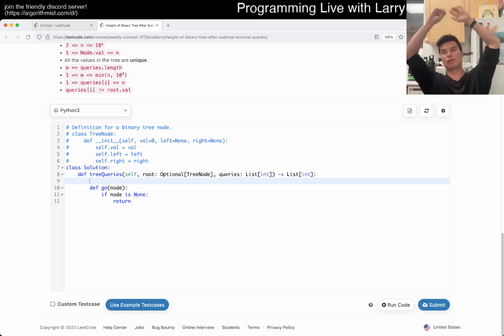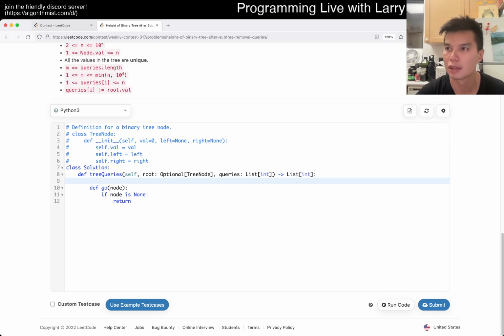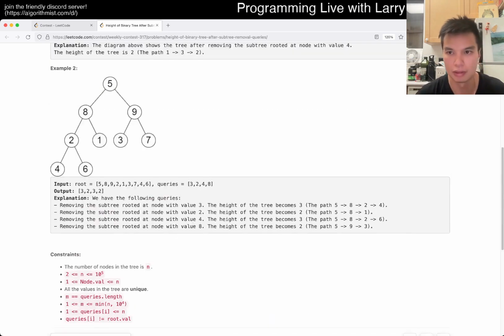Basically, how do I process this? Because now you're trying to think, well, you're trying to go up the tree, but going up the tree may time out.